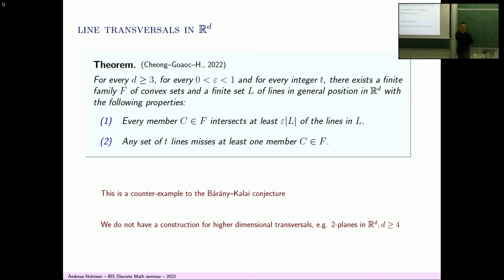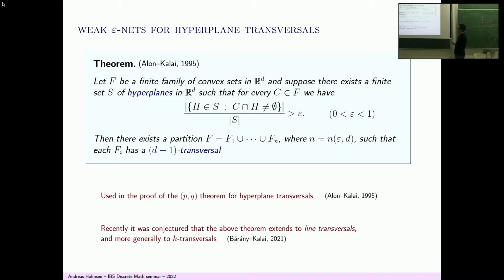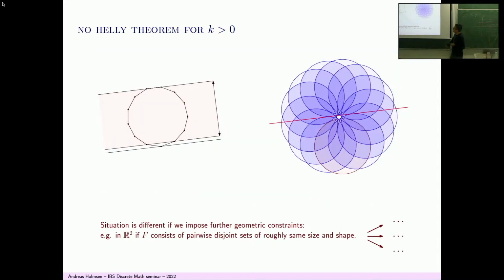So what happens if we restrict this family of convex sets, for example, to unit balls? Okay, so if you impose further geometric constraints, a lot of nice things start happening.